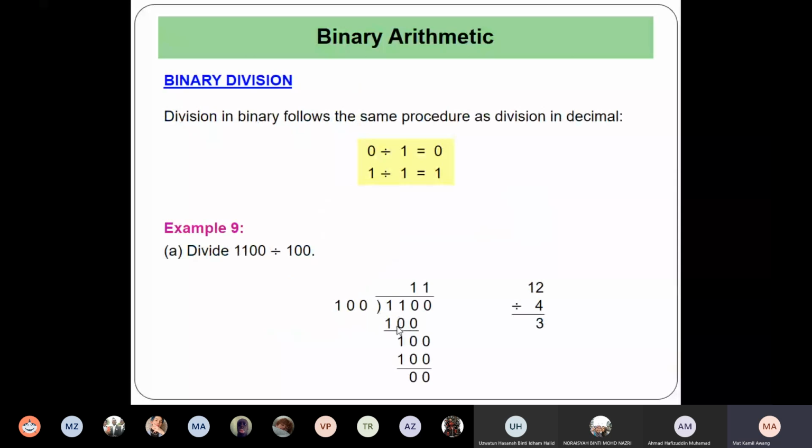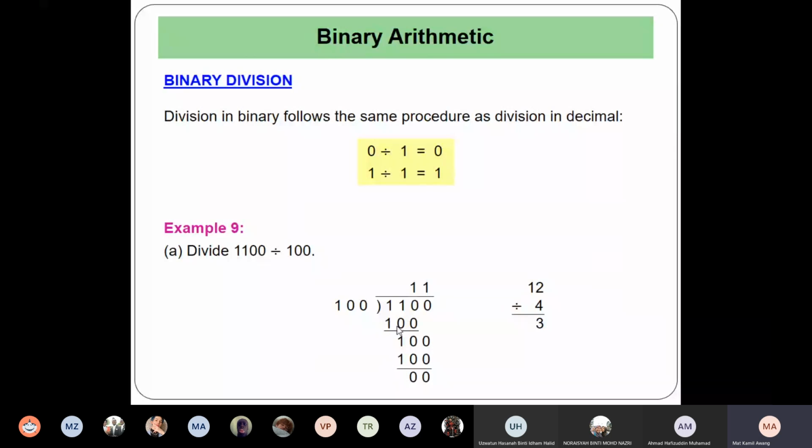Then the last one is the division. Division in binary follows the same procedure as division in decimal. 0 divided by 1 is 0. 1 divided by 1 is 1.